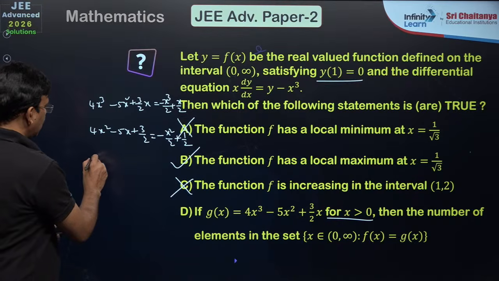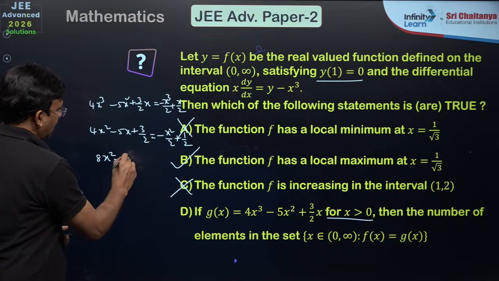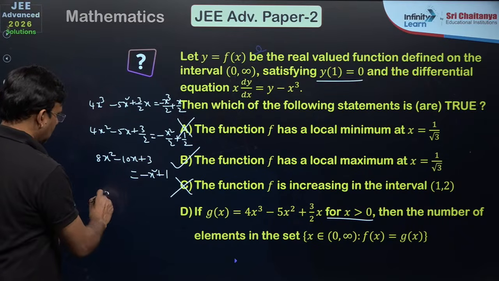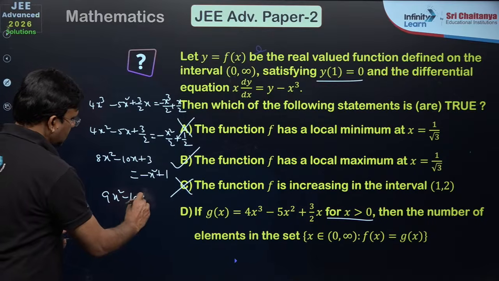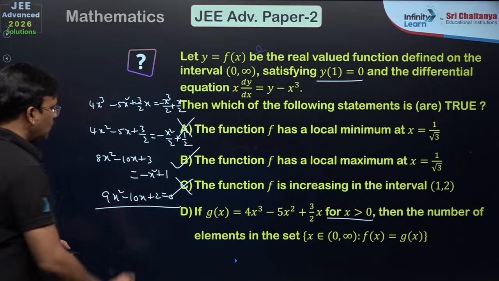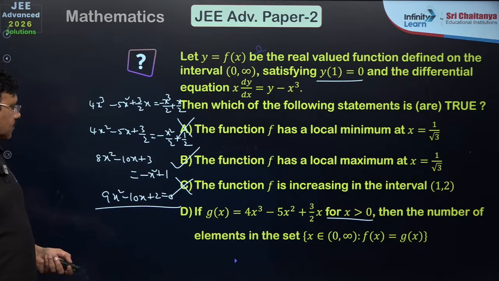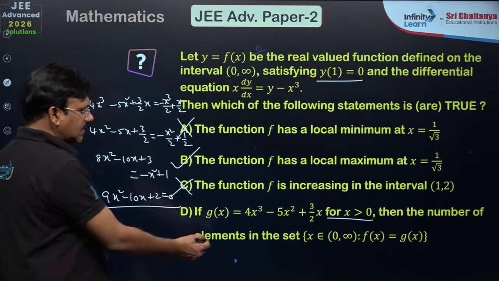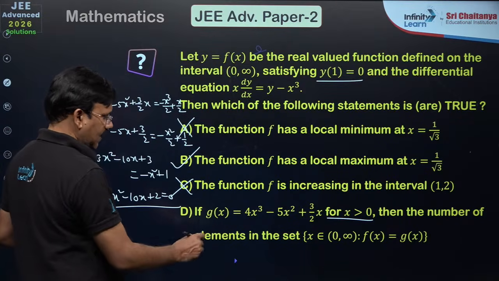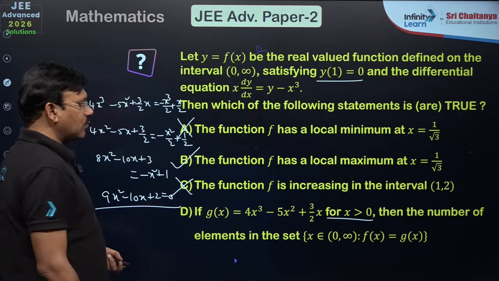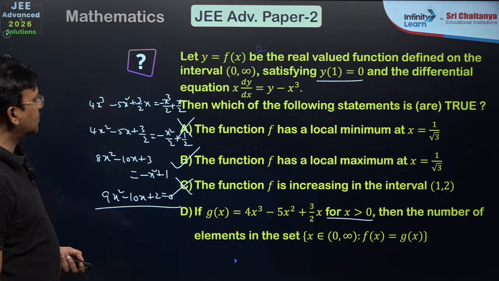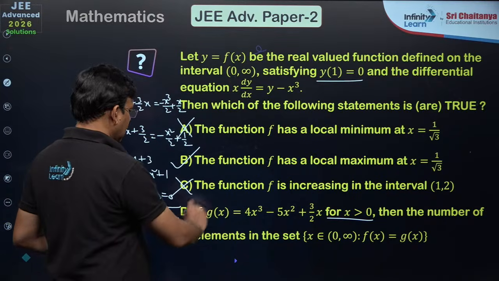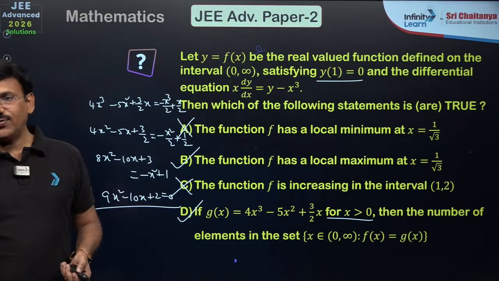Multiply with 2: 8x square minus 10x plus 3 equals minus x square plus 1. So 9x square minus 10x plus 2 equals 0. You can observe two real roots here, and both are positive, and hence the set having two elements is correct. So BD is the right answer for this.